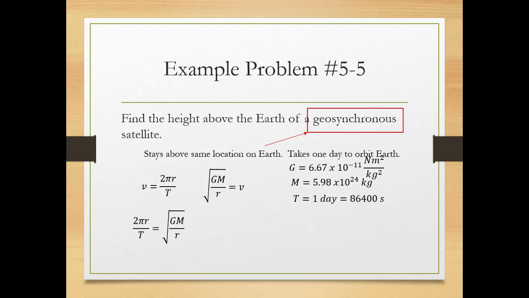The first step that I would do is square everything. And so there we get 4 pi squared r squared over period squared is equal to GM over r. If I do some rearranging and divide by the 4 pi squared, and multiply by T squared and r, I would end up with this.